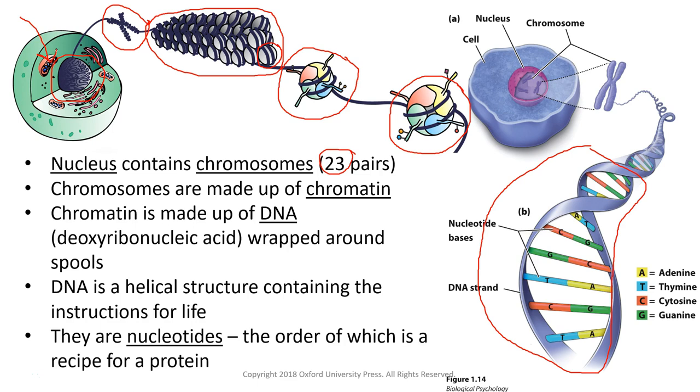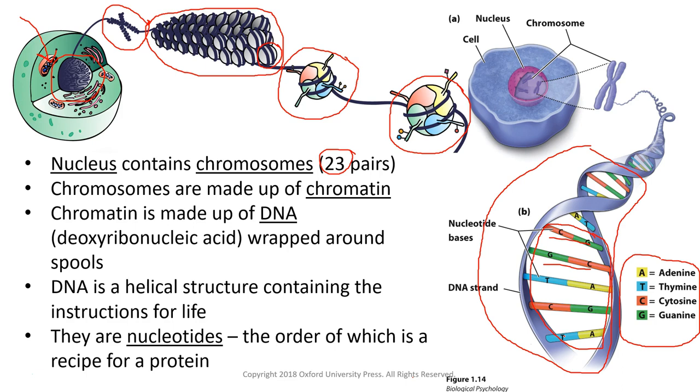So the code, the instruction for all life, exists in the form of what are known as nucleotides. So within this helical ladder, the rungs of the ladder come together in pairs, and the order of these nucleotides represents the recipe for protein.